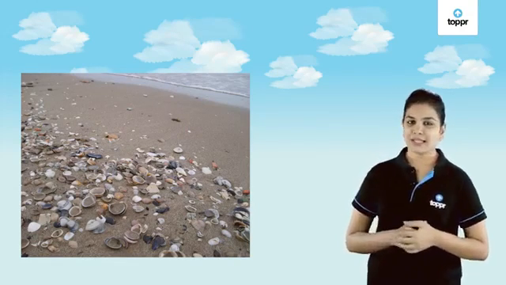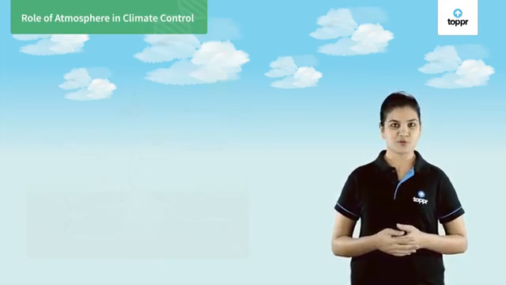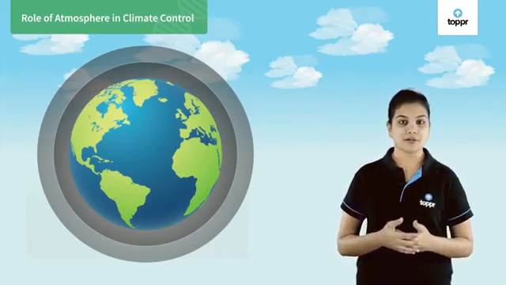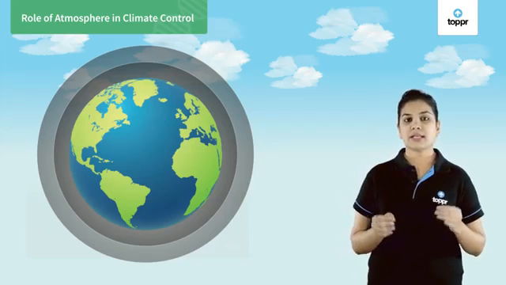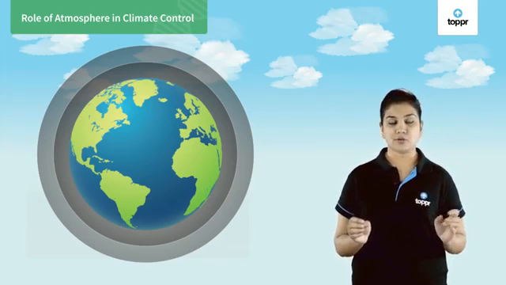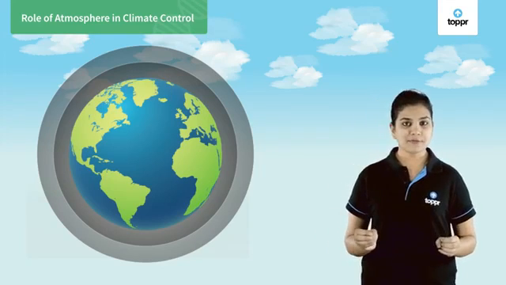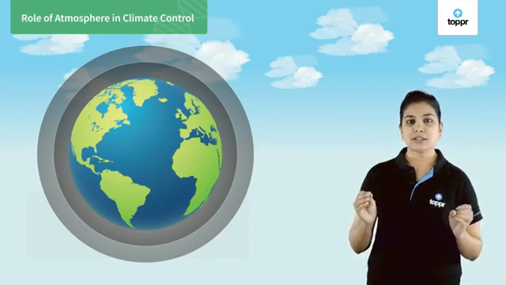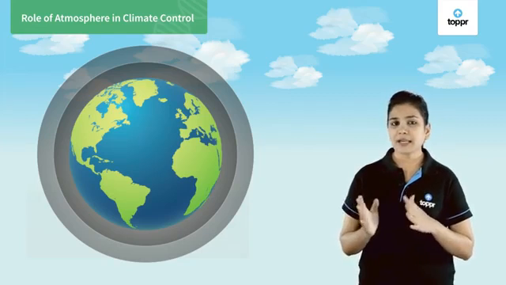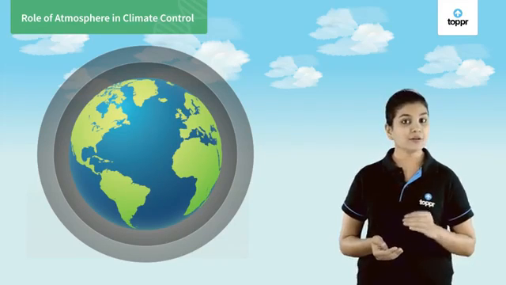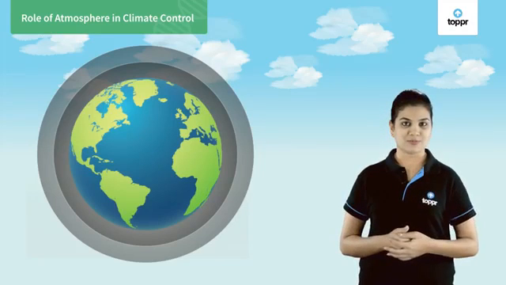Moving forward, let us see the role of atmosphere in climate control. So as we know, the atmosphere acts as a blanket of our earth, and also that air is a bad conductor of heat. So now due to this, the atmosphere keeps the temperature of earth fairly constant throughout the day, night and throughout the year also.